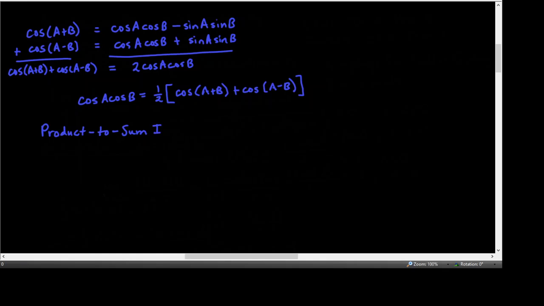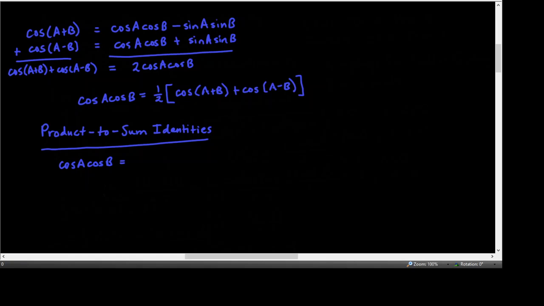Again, I think it's more important that you might not want to memorize these as much as figure out how to remember how to produce them, like we did that one up there. Okay, so here they are. Cosine of A, cosine of B, as we just did.